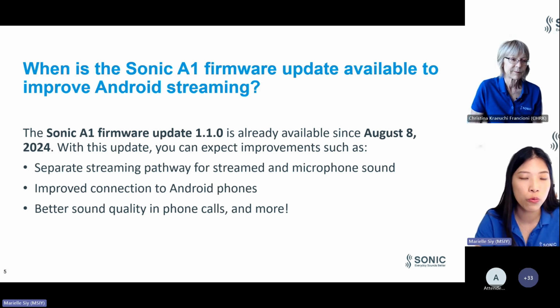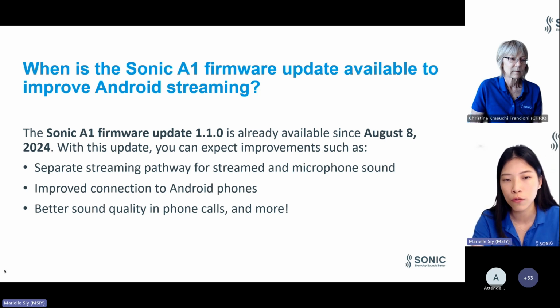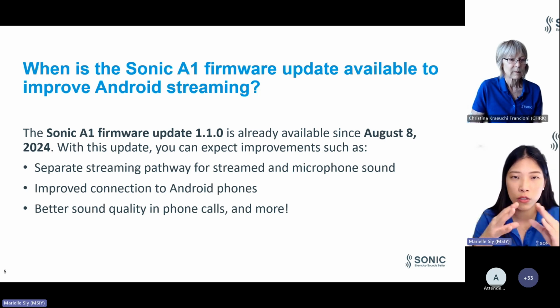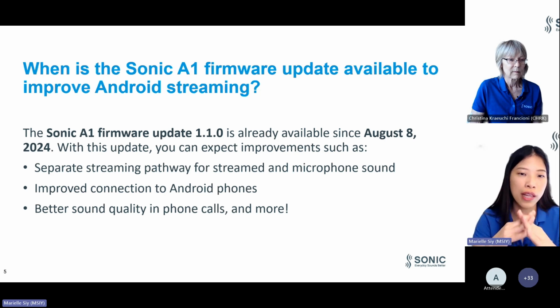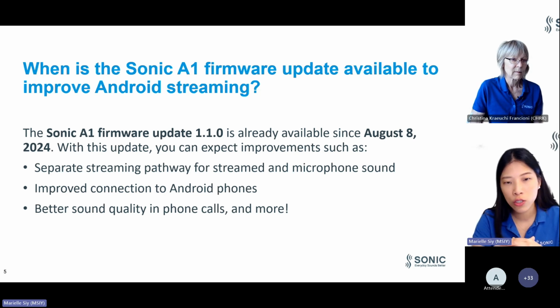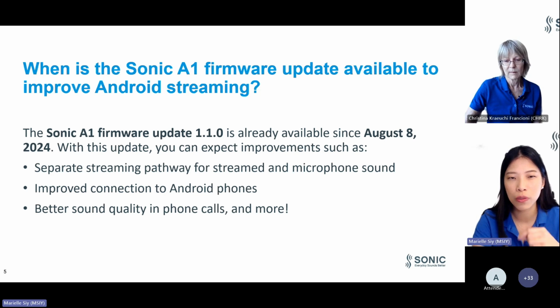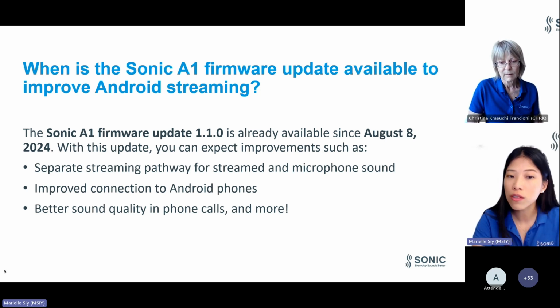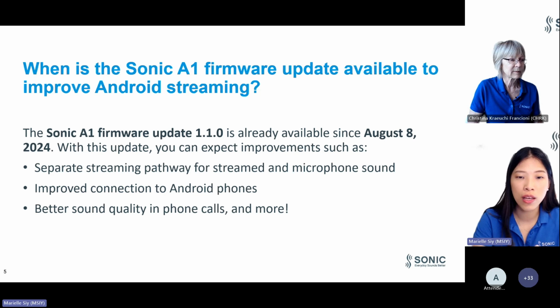With this update, we can expect improvements such as a separate streaming pathway for the streaming sound and also the microphone sound from the hearing aid. So that means they interfere with each other less, for a more stable connection. The next one is improved connection to Android phones. So hopefully this will also resolve that issue where the other person cannot hear your patient. And last would be better sound quality in phone calls and more. So that's good news, and hopefully that resolves your issue.